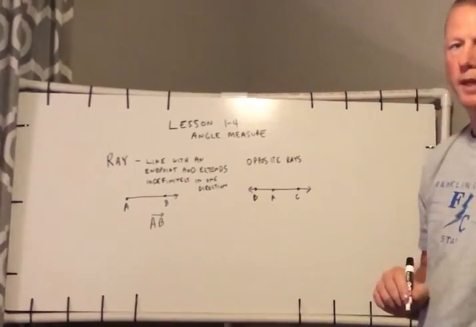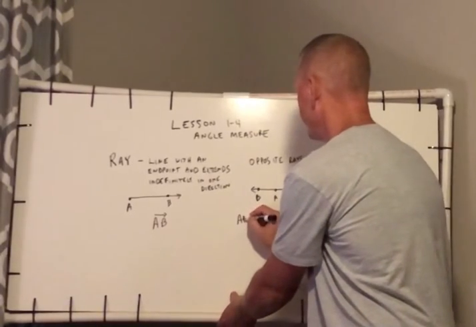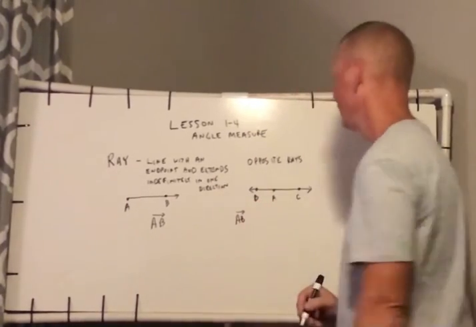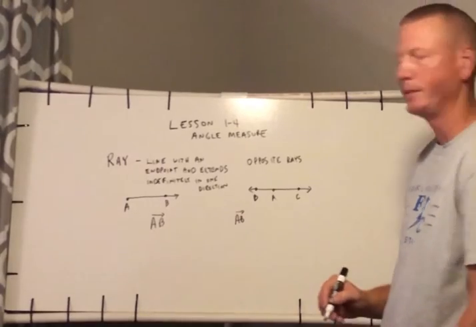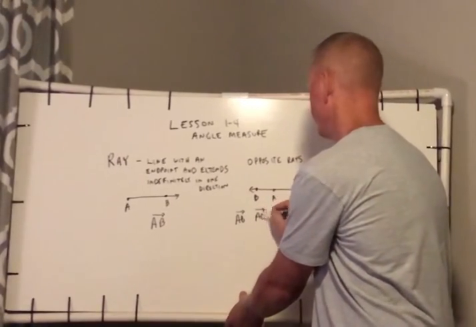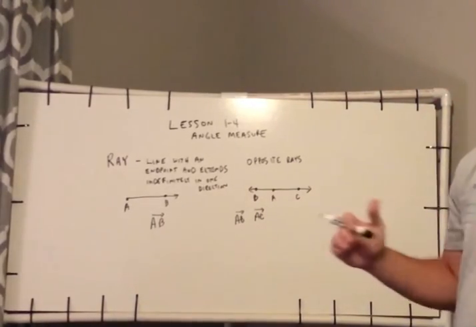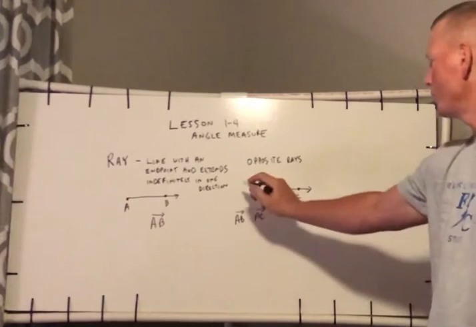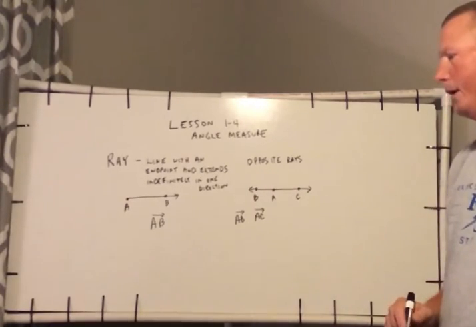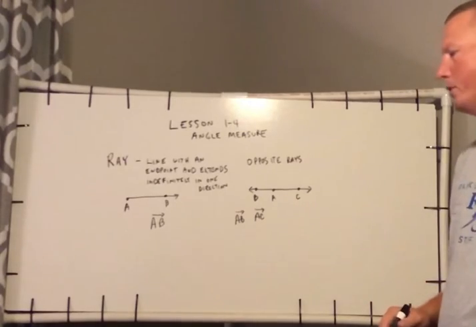So what we would say in this picture is that ray AB is an opposite ray with AC. Okay, so it's collinear, which means it lies on the same line. Notice it's straight, and again, going in opposite directions.